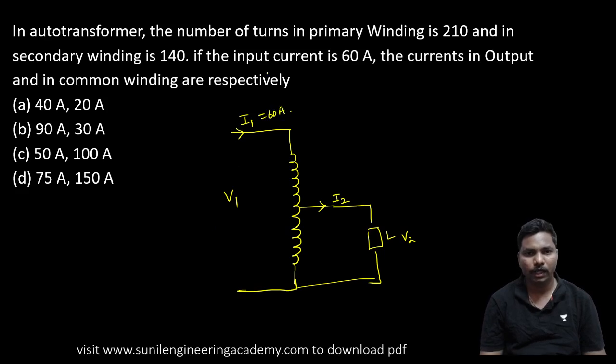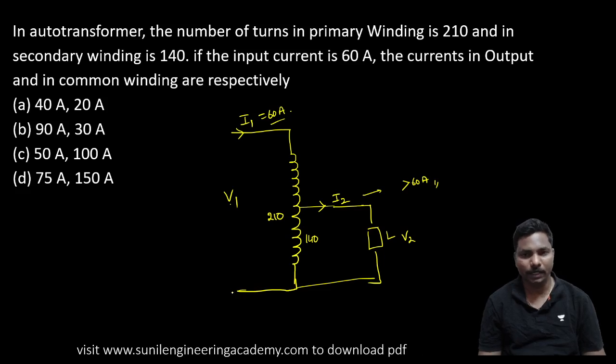Here the primary turns are 210 and the secondary turns are 140. That means high turns to low turns, so voltage is going to reduce, which means current will increase. Here the primary current is 60 amps, so the secondary current is simply greater than 60 amps.